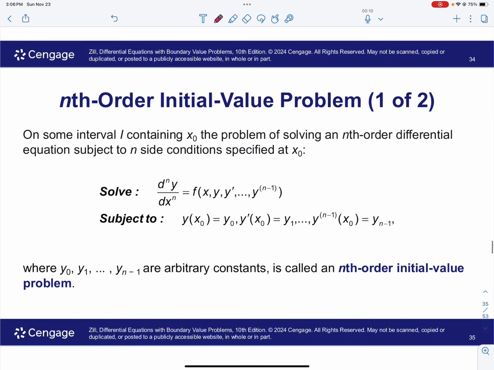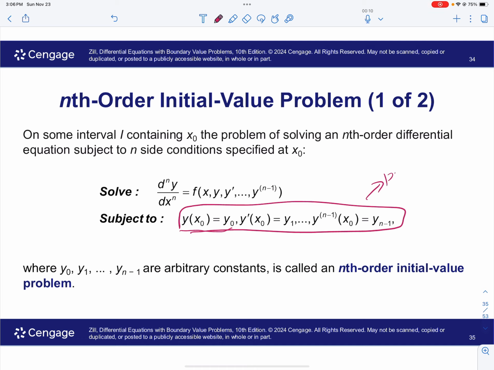The next one is the initial value problem. What will the initial value problem do? It tells you which particular solution you want. How could we think about this? If you have 5 siblings and your mom can only afford taking one child to dinner tonight, which one should she choose? Your mom will definitely put some conditions.